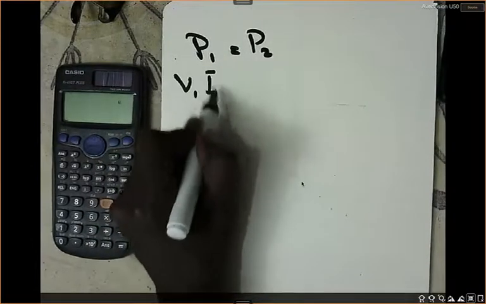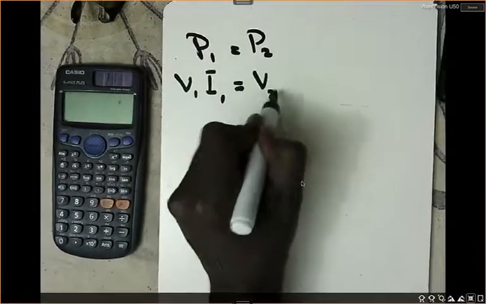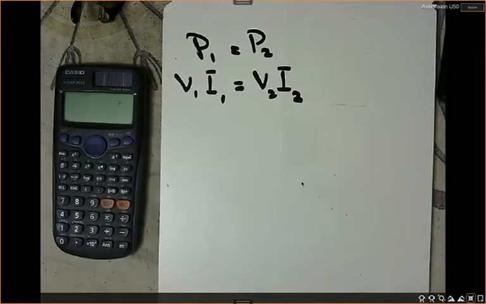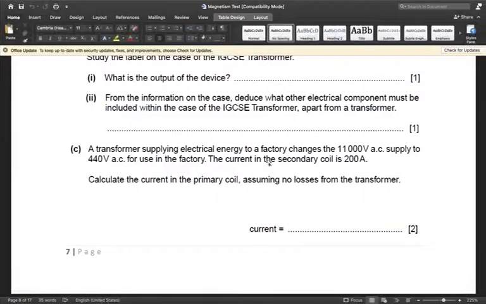V1 I1 equals V2 I2, where V1 is the voltage in the primary coil, I1 is the current in the primary coil, V2 is the voltage in the secondary, and I2 is the current in the secondary. That's the formula you need to use, and this is the information you have. Substitute and find the answer real quick, and write the answer in the chat.